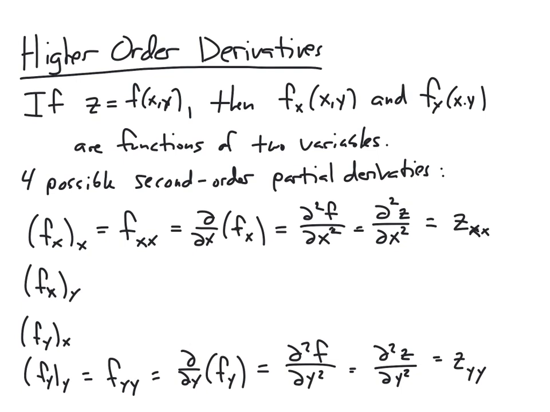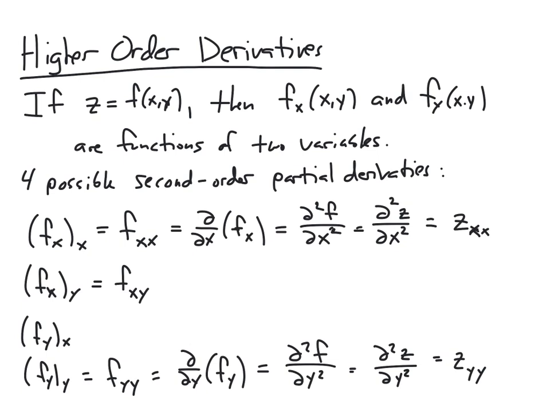So those are analogous. And it's the two in the middle where the notation becomes a little bit confusing. Right? So when we want to get rid of the parentheses here, if we keep the subscripts as they are, we might label this as f sub xy.